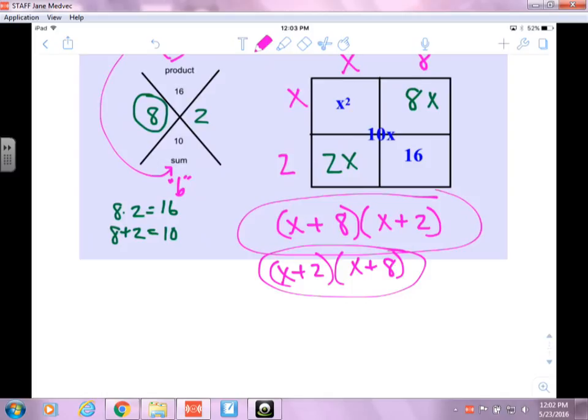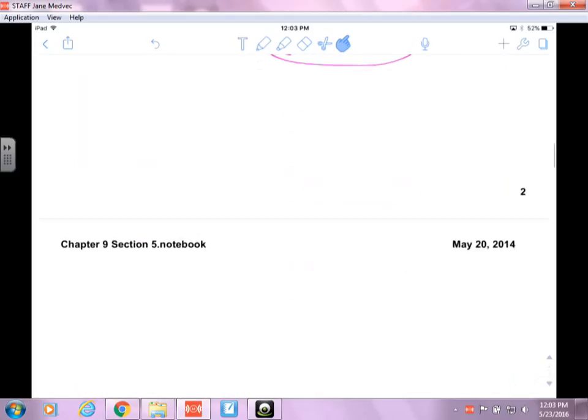In the x diagram on the top, these two can flip-flop. Yeah, the green, the 2x and the 8x in the boxes, they can flip-flop. No, you just have to flip-flop the 2 over to the outside. Right. Yep. All right, let's keep going.